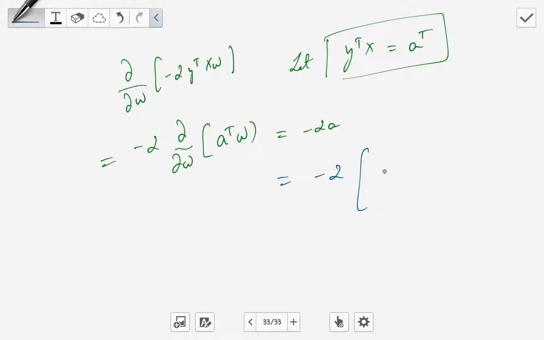Since this was a transpose, this implies a is equal to x transpose y. So this is minus 2 times x transpose y. Okay, so that was the first derivative.